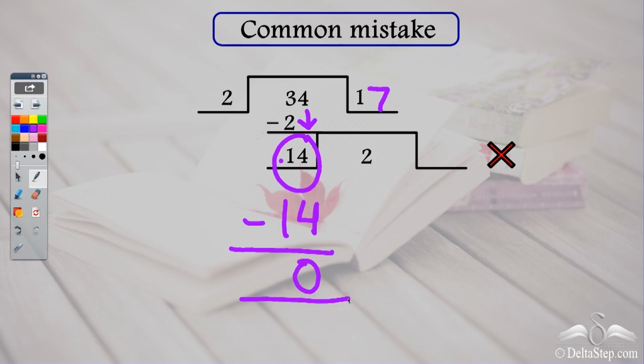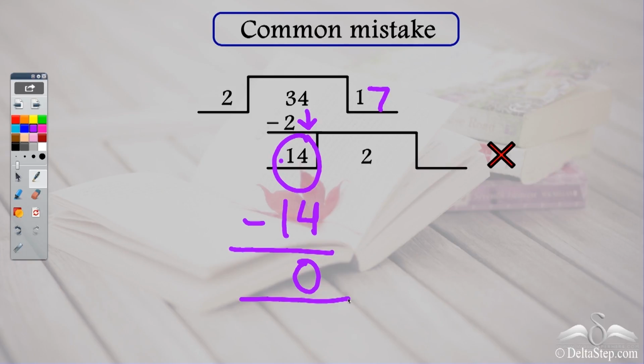So when do you know that you are doing something wrong? See the remainder, it is 14, and the divisor, it is 2. Is it possible that the remainder is greater than the divisor? It can never happen. If you have 14 here, which is greater than 2, that means 2 will go into 14 at least one time.